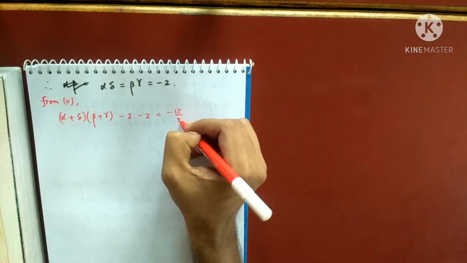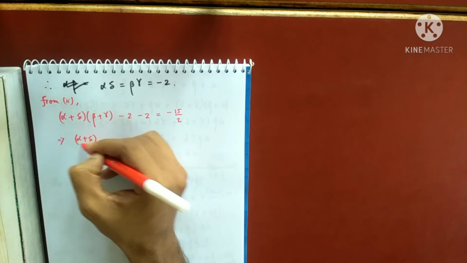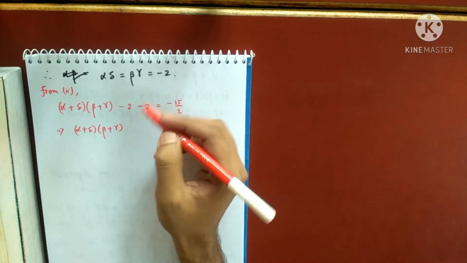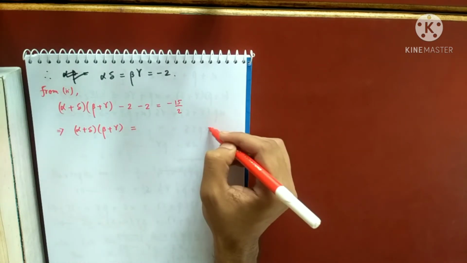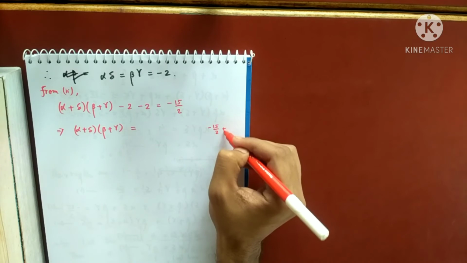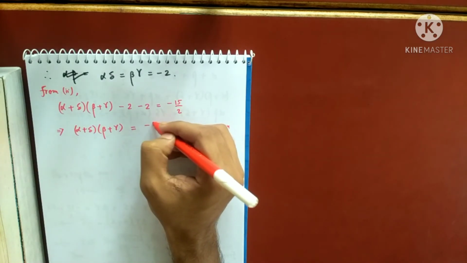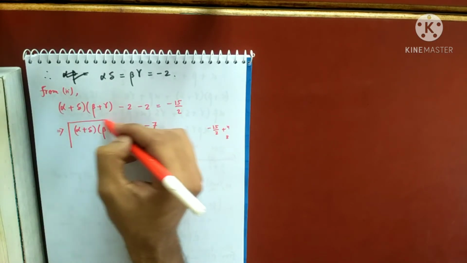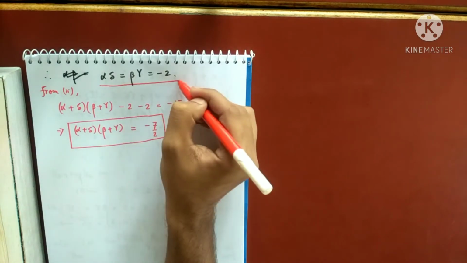So this is nothing but (alpha plus delta) into (beta plus gamma), right? So minus 15 by 2 plus 4, so 4 twos are 8. So minus 7 by 2.